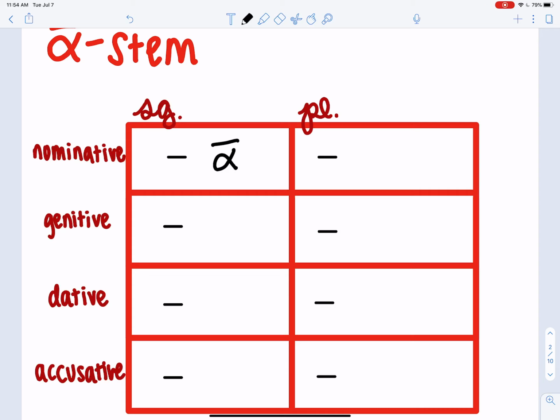Next, genitive singular is alpha, sigma. And genitive is used for nouns modifying other nouns in a sentence. This will often take the form of literally the word of in our translations. I think the most obvious example of that is possession, like when we say, the book of the girl, for example.